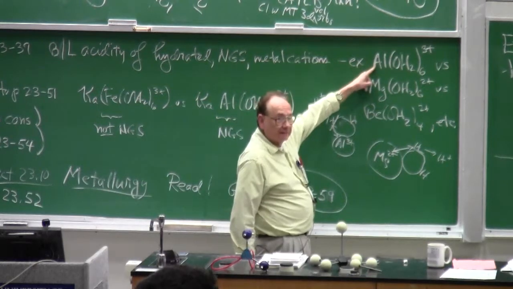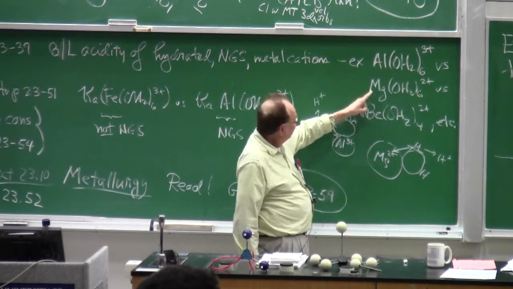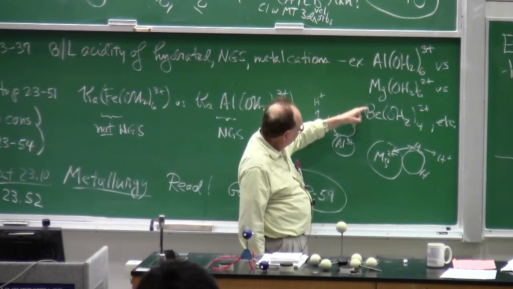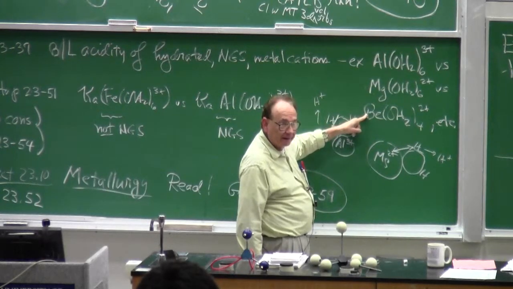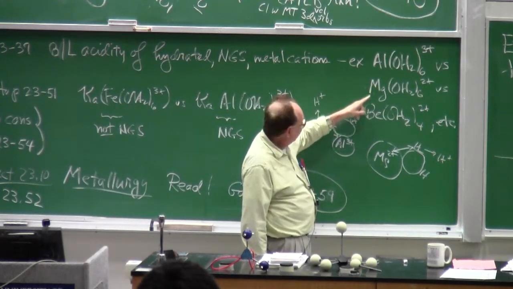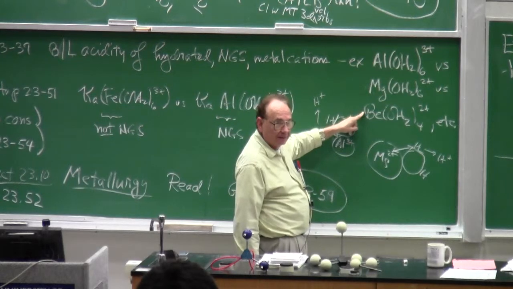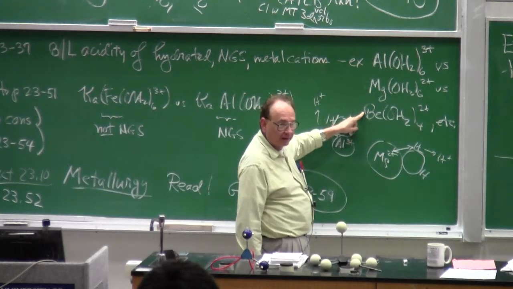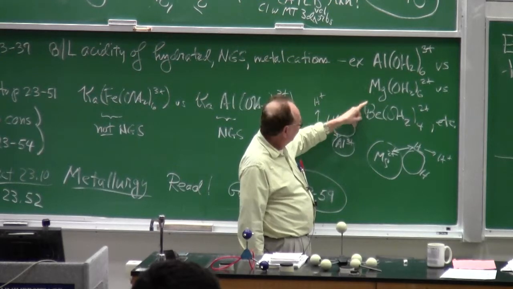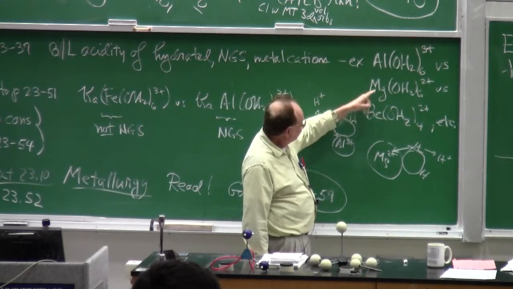This acid is stronger than this acid. How do these two compare? The hydrated metal ions are both +2. But which of these metal ions is a good deal smaller? I'm pointing at it, am I not? This is helium. This is Ne. So this acid's stronger than this acid.